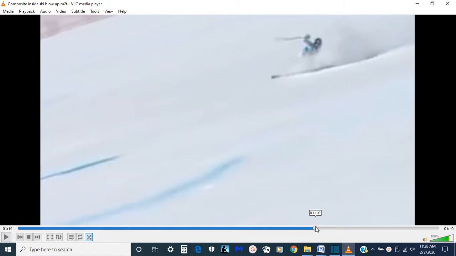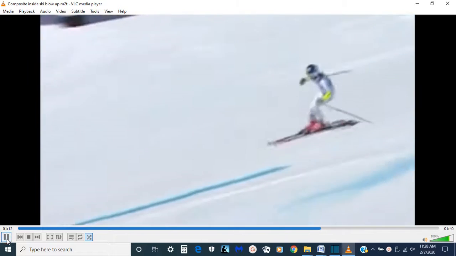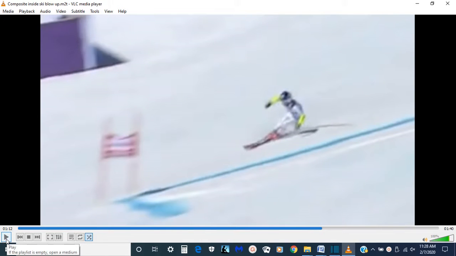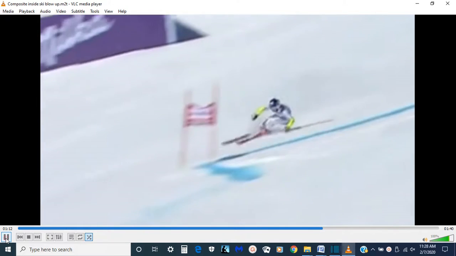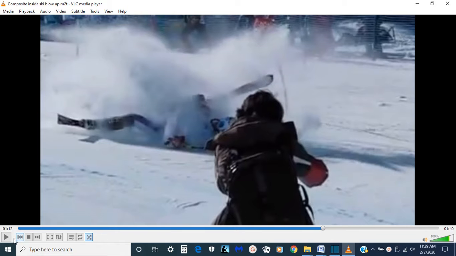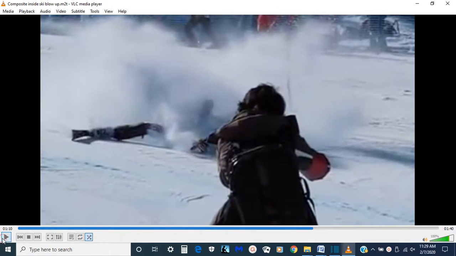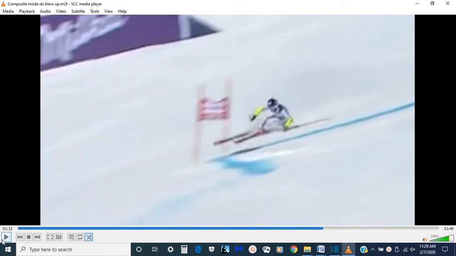So let's see what Michaela did here. This is about 2014 or 15, I believe. Right, not too long ago. Right, inside ski blowout. She didn't have counter rotation. That was pretty fast. All right, see, her chest is aiming forward, right?